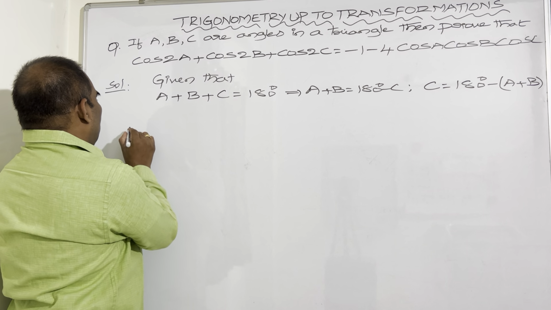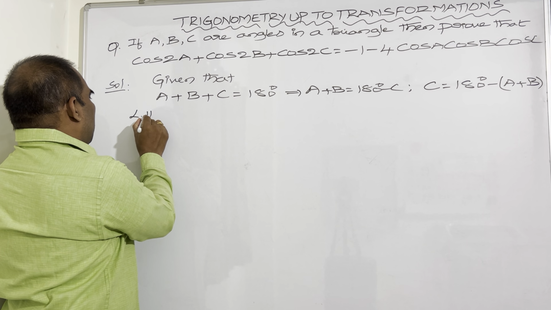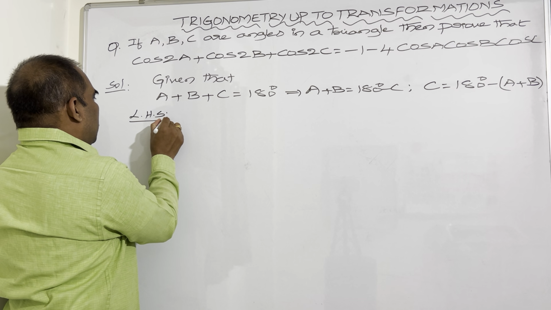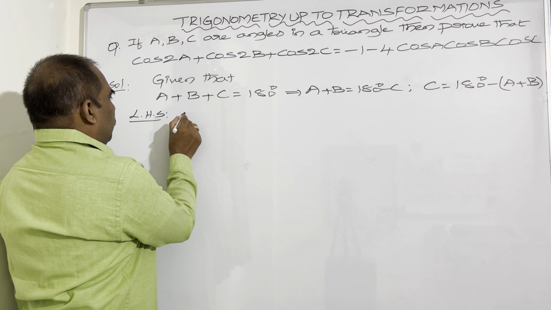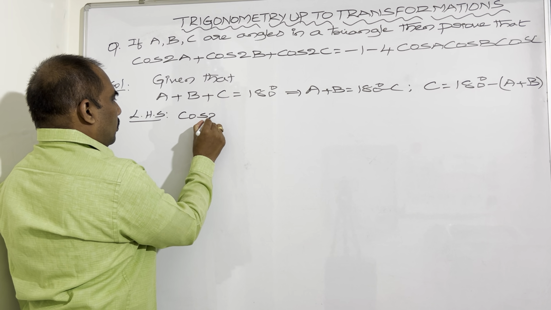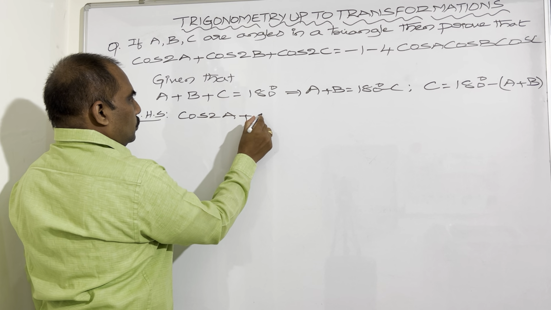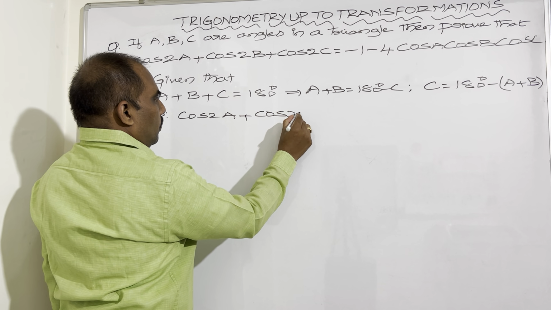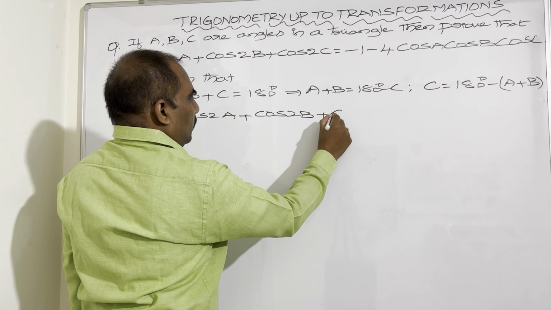Now what I am doing is taking the LHS. What is LHS? Left hand side, given cos 2A plus cos 2B plus cos 2C.